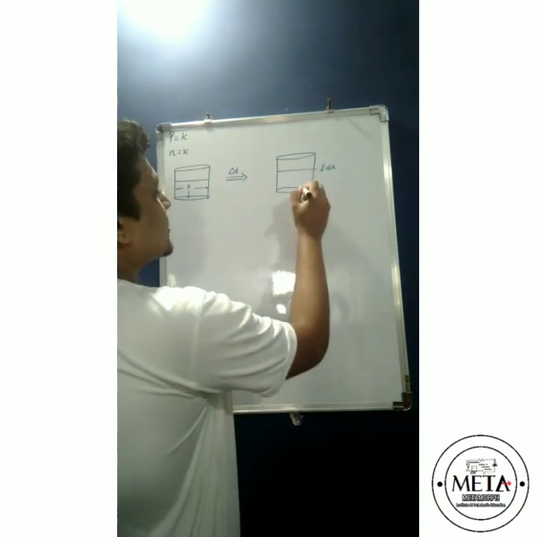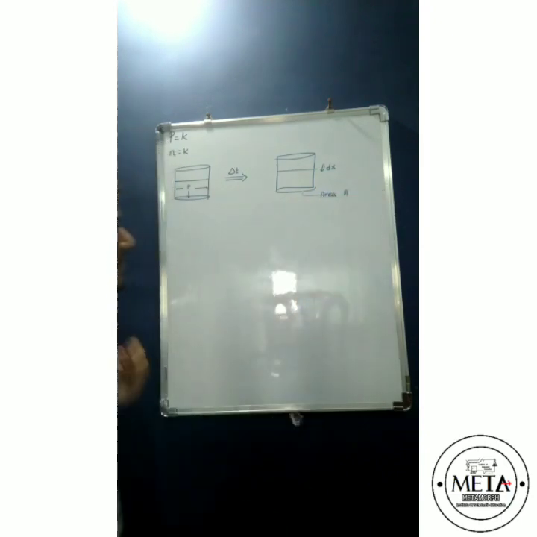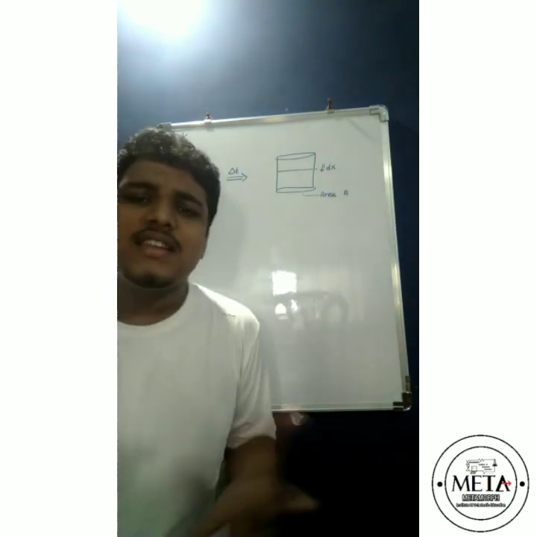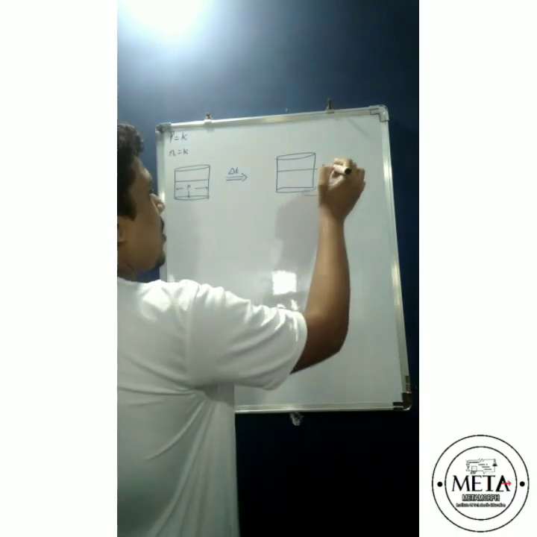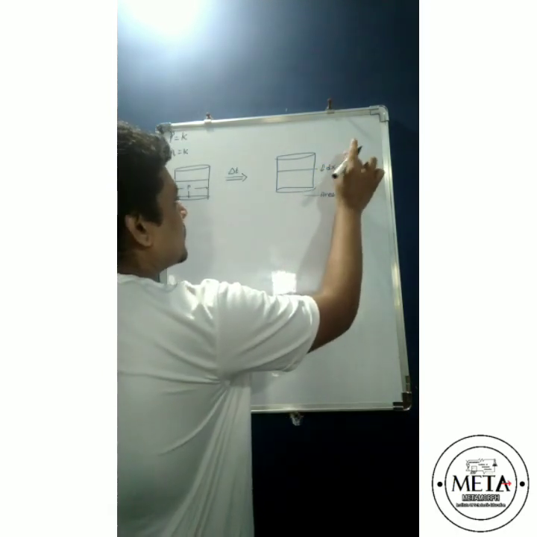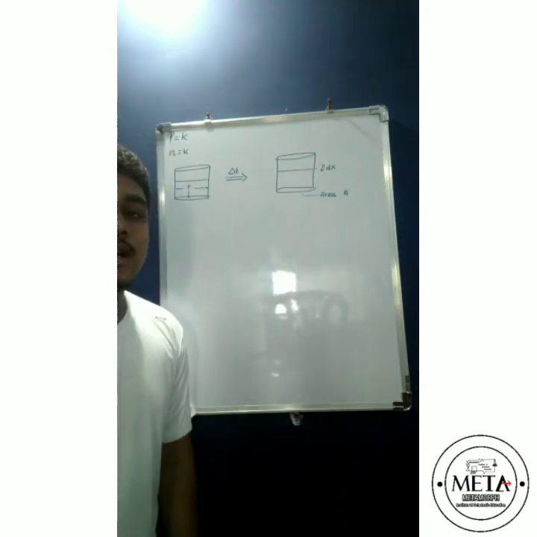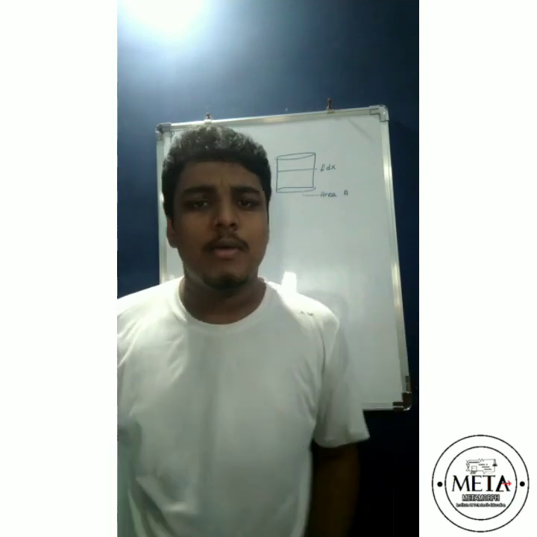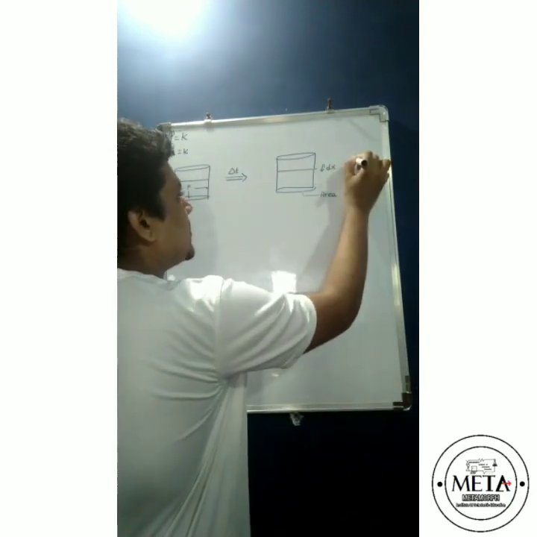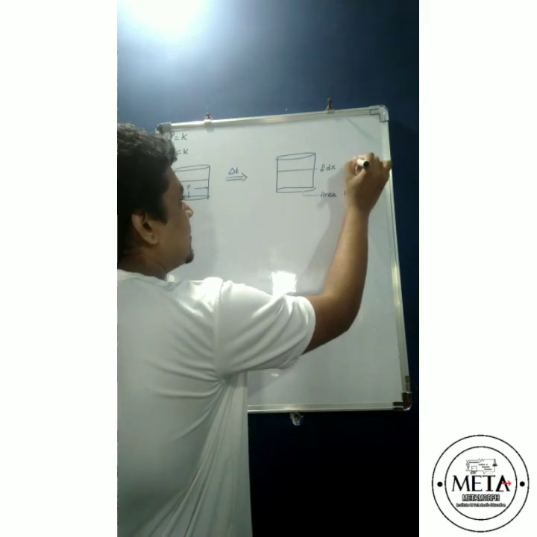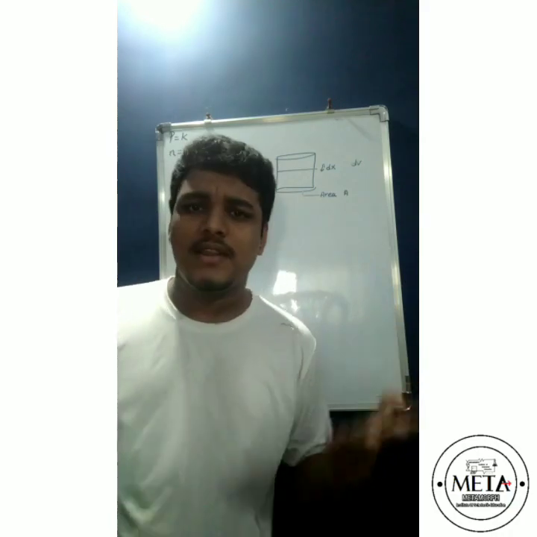Let us consider the area of the base of the container to be A. We know that the container's area won't change, and we know that the amount of volume increased is the height into the area. Height into area gives you the amount of volume. So it is dx into A. Let us consider that to be dV. dV means a small amount of volume is increased, because a small amount of temperature is increased.